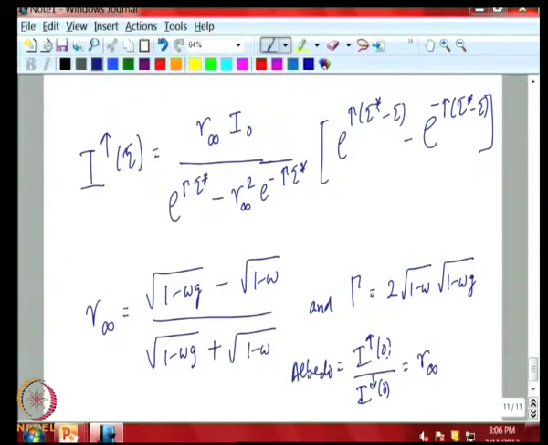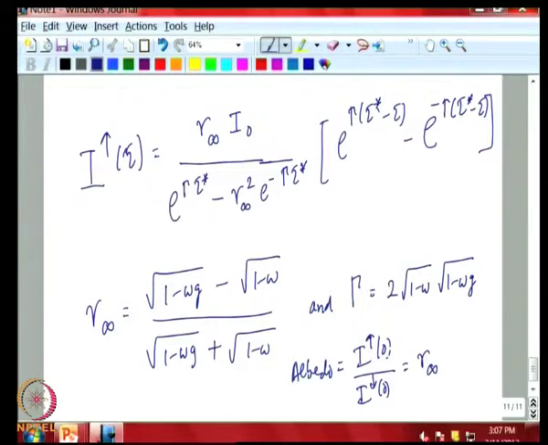Okay. And so, the albedo of the semi infinite cloud is R infinity, that is a quantity of great relevance, for example, in understanding cloud physics and quantities like that. Okay.